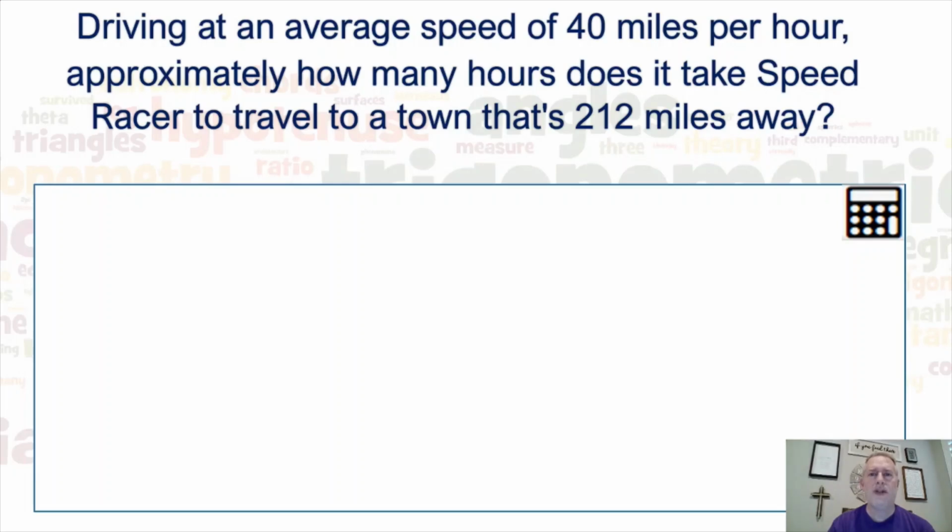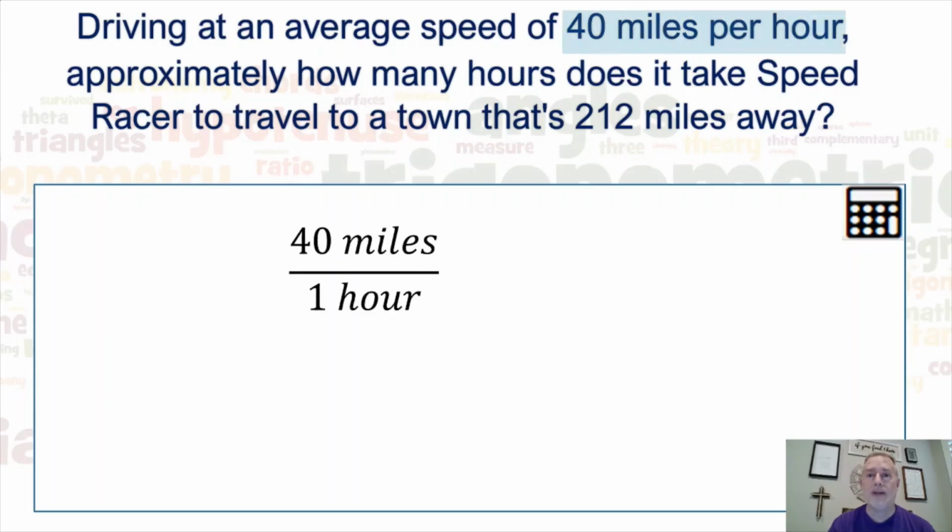So an average speed of 40 miles per, ooh, I do know when I see per, I can write a fraction bar. And I know it's 40 miles per hour, so I can put my 40 miles over my 1 hour. Now I have a nice simple little fraction, a ratio. And then keep reading. Approximately how many hours does it take Speed Racer to travel to a town that's 212 miles away?